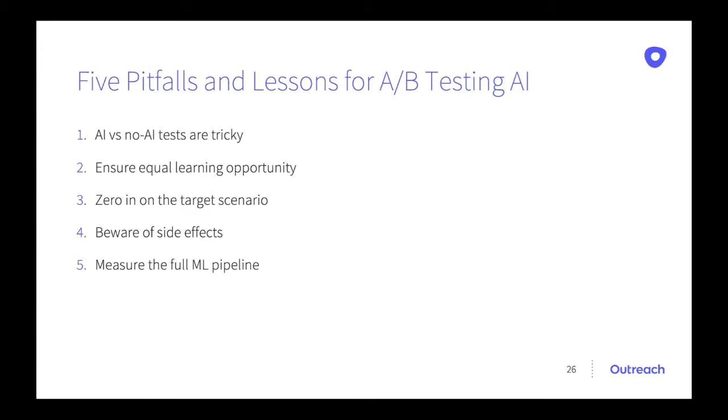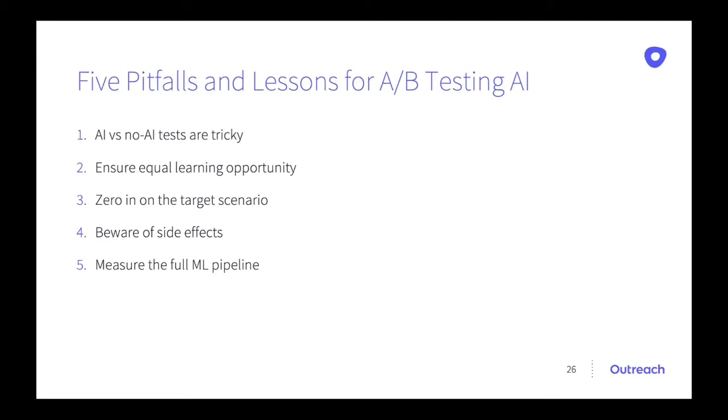The fact that AI versus no AI tests are difficult, and you need to think carefully about how you do it. That you need to ensure equal learning opportunity, an equal amount of data flowing into the different variants in your A/B tests. You need to be able to zero in on a specific scenario that your machine learning model is tackling, as opposed to all the scenarios.